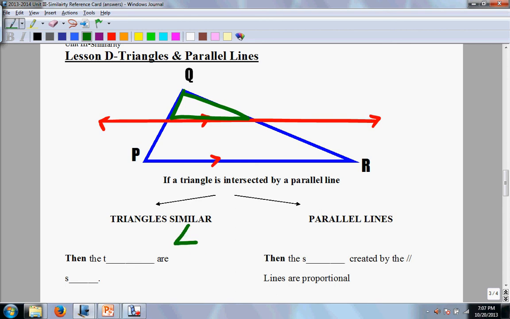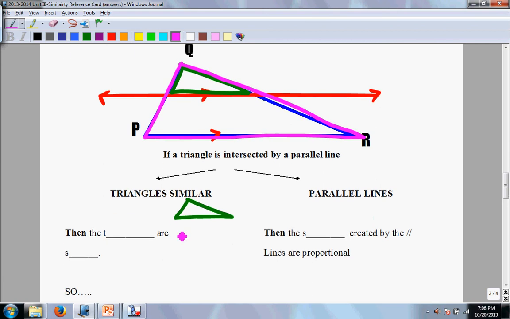In this case, you have the green triangle, and then the larger overlapping triangle. And again, this is created by the parallel lines. These triangles are similar. So that's the first way I'd like you to view it: you have overlapping similar triangles.